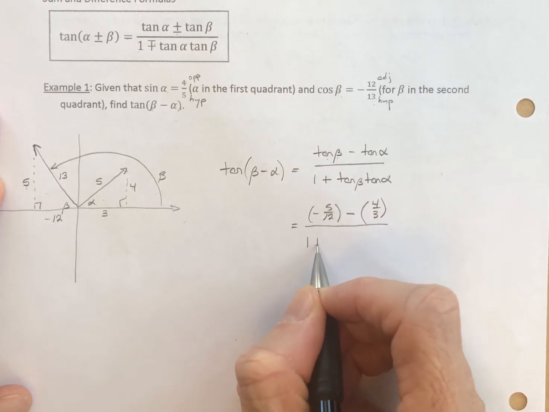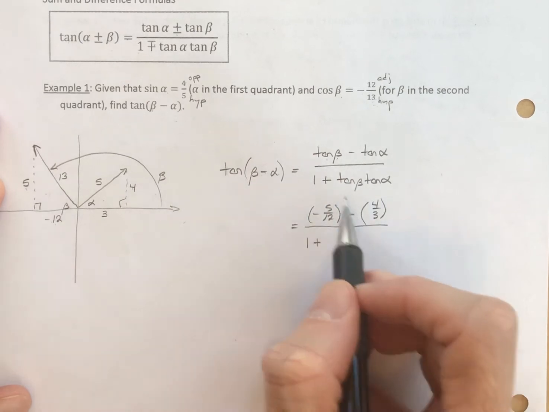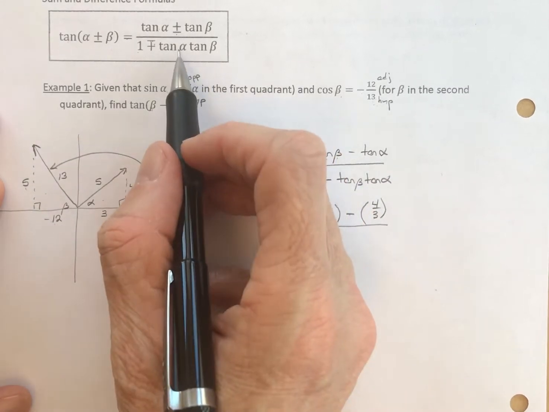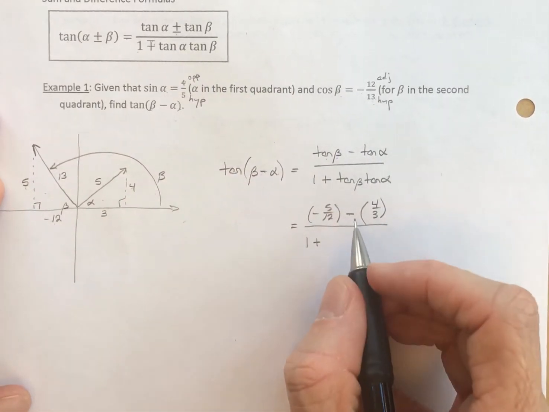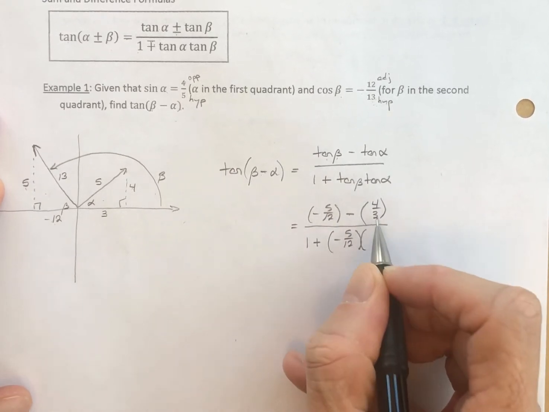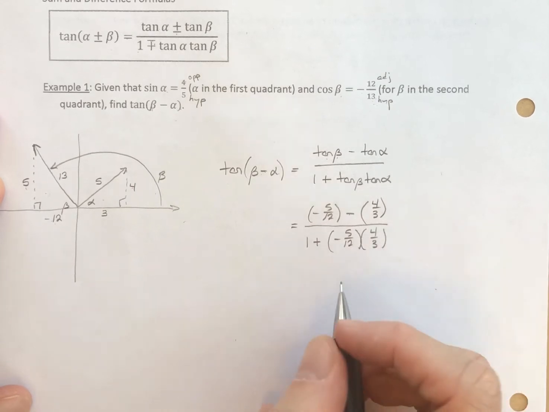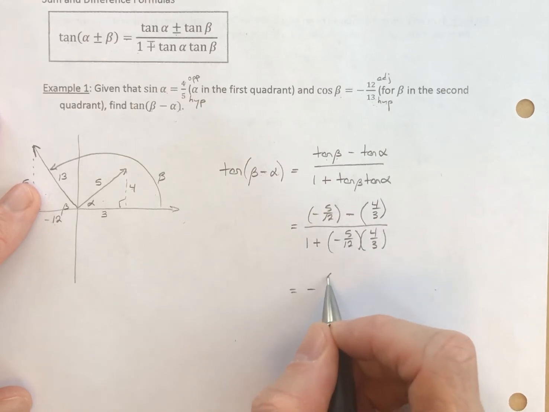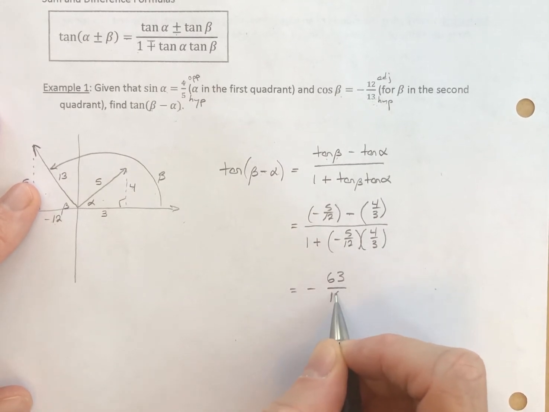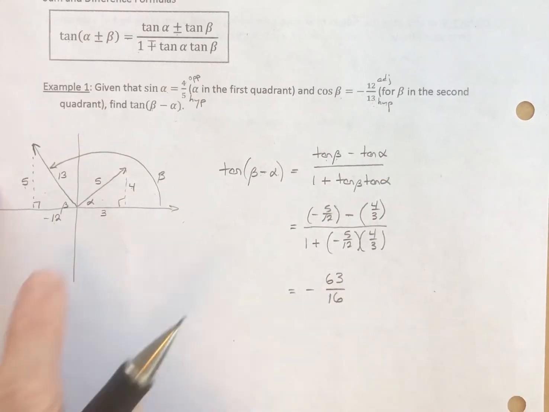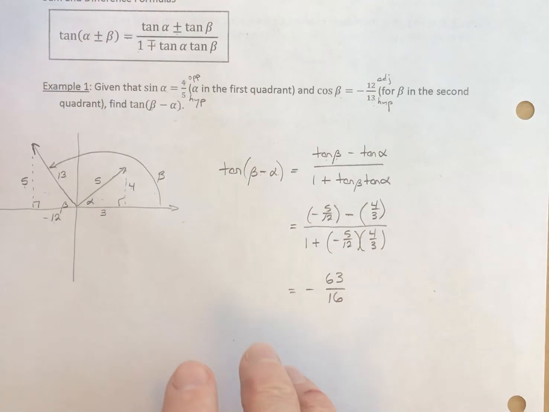Okay, divided by 1 plus, remember we're subtracting, so the numerator has subtraction, the denominator has addition. 1 plus tangent of beta times tangent of alpha. Well, that's not bad. That's just this one, -5/12 times this one, 4/3. Okay, if I do all that out, do my math, do my work, I come up with -63/16. Normally it makes sense to leave things as a fraction, unless called for otherwise, but that is the answer to the tangent of beta minus alpha.